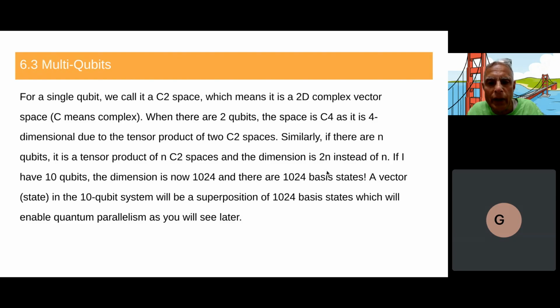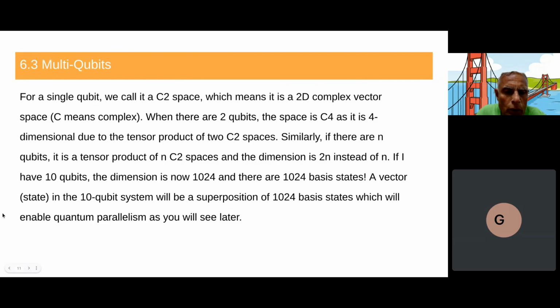Similarly, if you have n qubits, how many dimensions will it be? As a simple example, take 10 qubits. It will mean 2 to the power 10 dimensions, because 2 to the power 2, 2 to the power 3, up to 2 to the power n. Either 2 to the power n, depending on where we start, 0 to n minus 1, or we start from 1 to n.